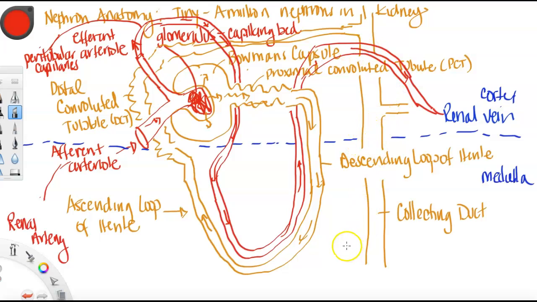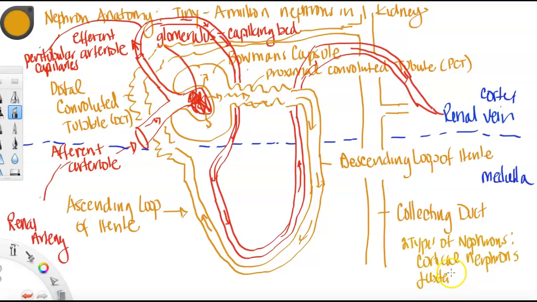Now there are two types of nephrons: cortical nephrons and juxtamedullary nephrons, I think they're called.